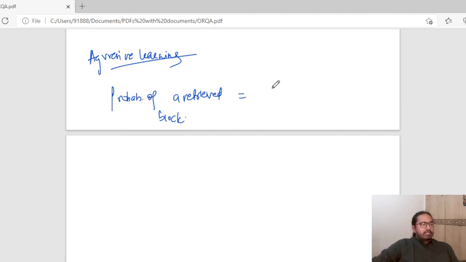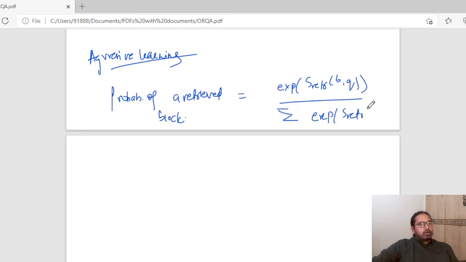The probability of a retrieved block is the exponential of the retriever score given to that block, given a question, divided by the sum of the exponentials of the retriever score for all the blocks B dash that are present in the top C.